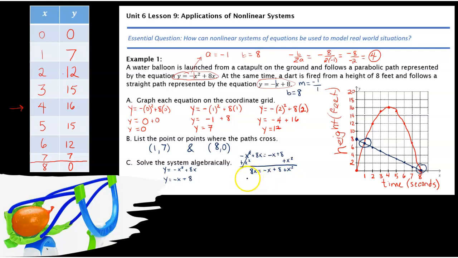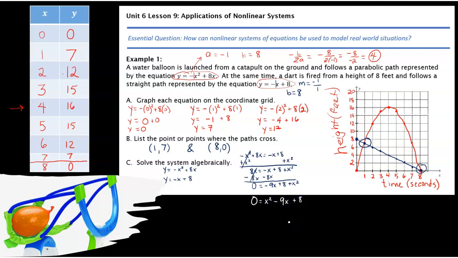Next, I would subtract my 8x on both sides, and notice that I'm combining things with their like terms. So this gives me 0 equals negative x minus 8x, which gives us negative 9x, plus 8 plus x squared. I like to see my x squared term first, so 0 equals x squared minus 9x plus 8.